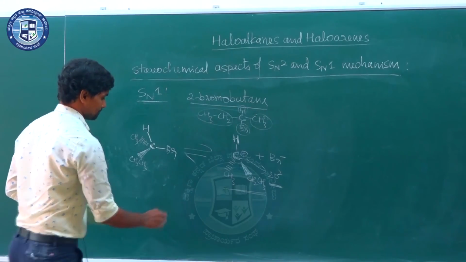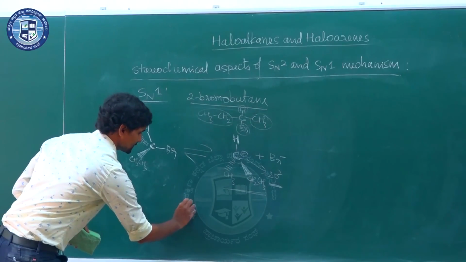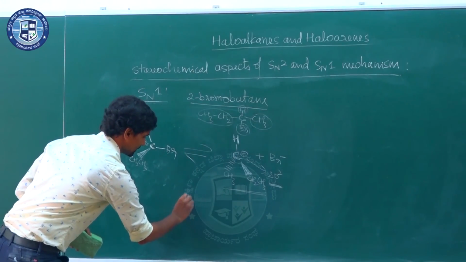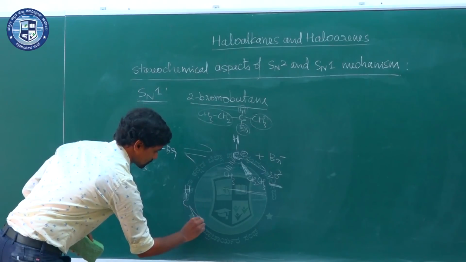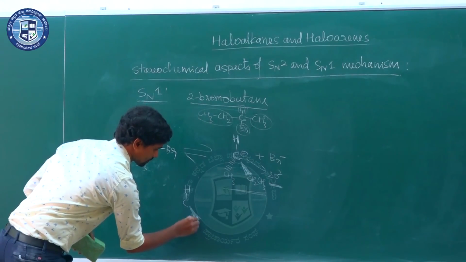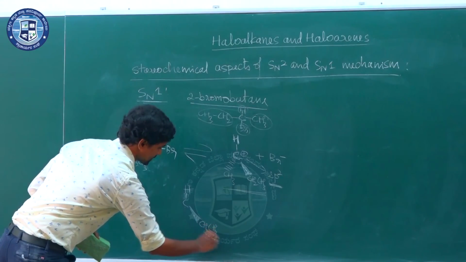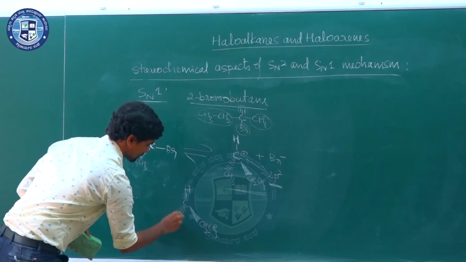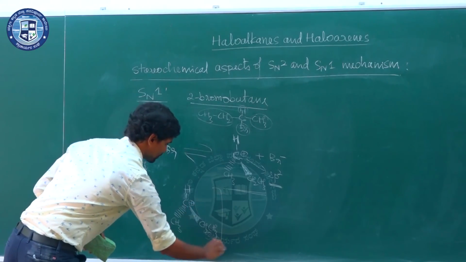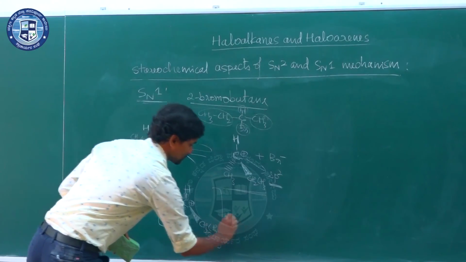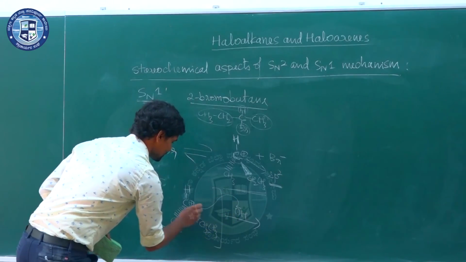In the second step, the nucleophile attacks this carbocation. So let me write this new carbocation here, H, CH2 CH3, CH3 plus. Now imagine the nucleophile attacks from this side.